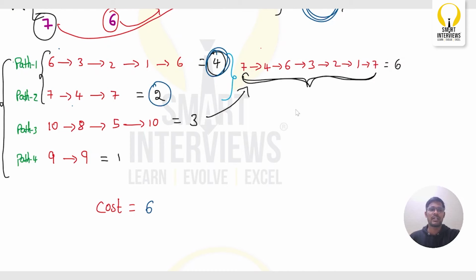To merge path 1 and path 2, you got cost as 6. This is the newly updated path. So when you swap one element from the newly updated path and path 3, do you know how much cost it will take? 6 plus 3, nothing but 9. It will take the cost as 9.